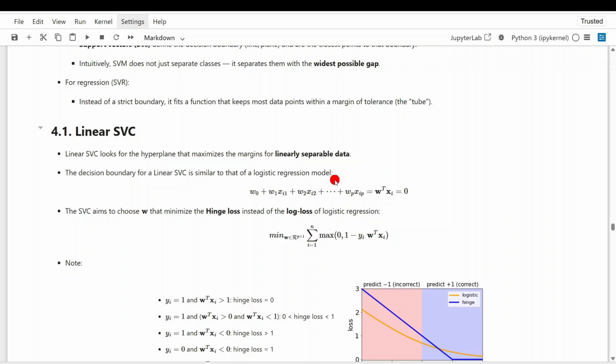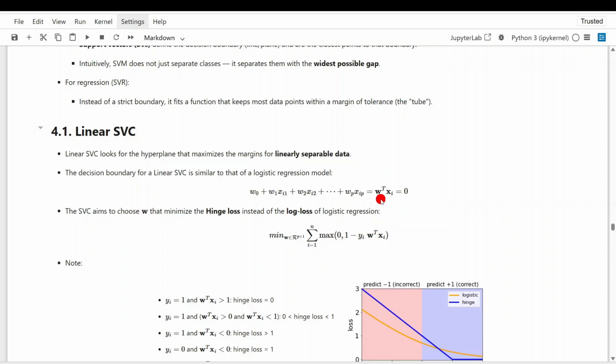For every generalized linear model, we have the linear predictor as the systematic component. This linear predictor, or linear combination of the covariates, is W0 plus W1 x1 plus W2 x2 plus up to Wp xp, which can be written in matrix form as W transpose x.